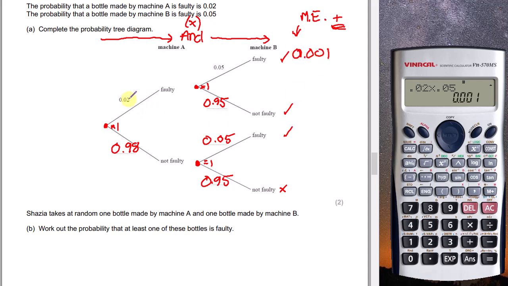Coming the other way, 0.02 times 0.95. Now a little trick for you is these two probabilities should add up to that one. So 0.02 times 0.95.